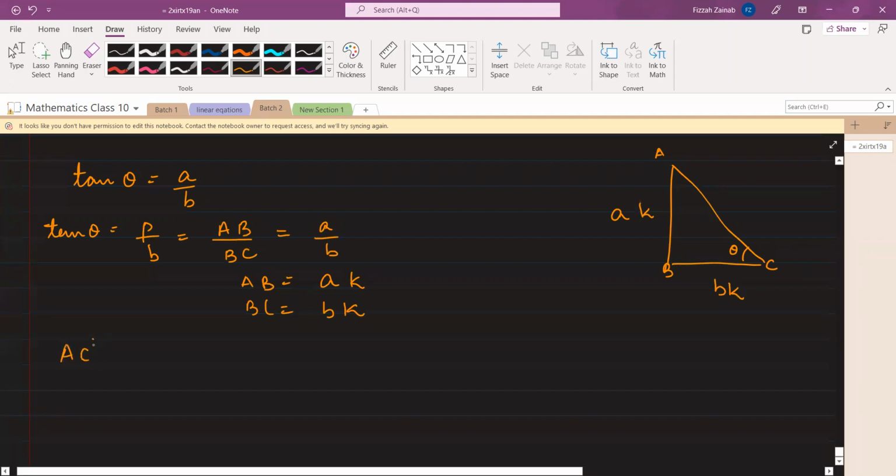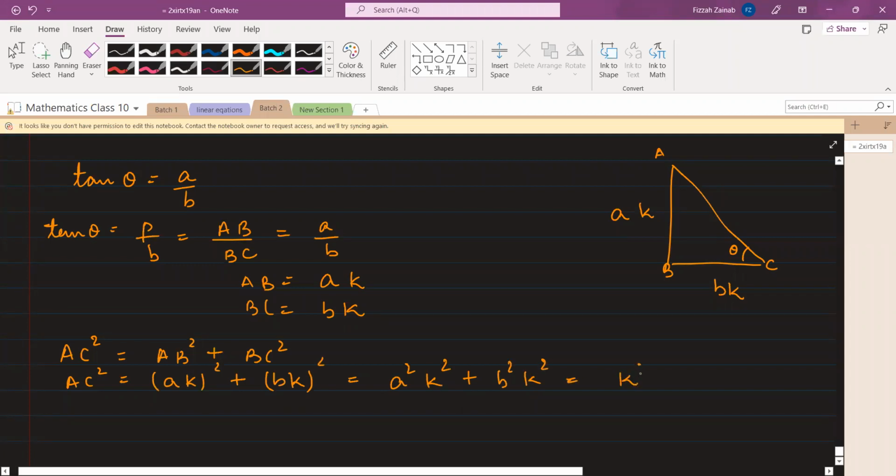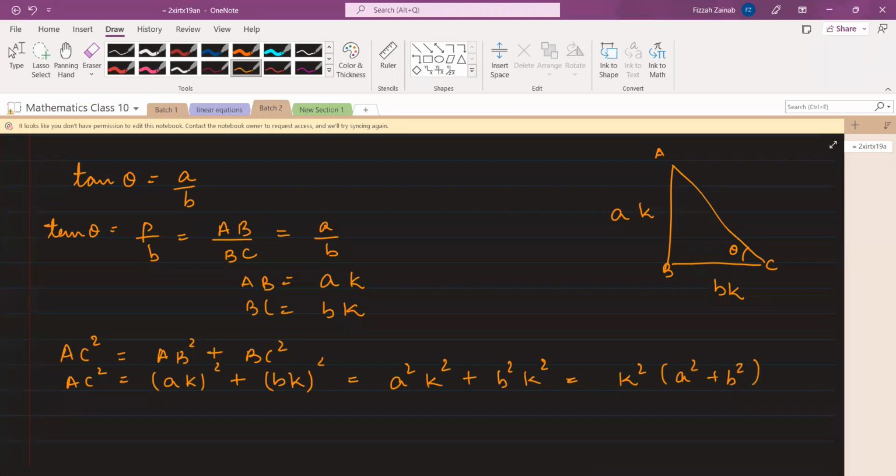So from Pythagoras theorem, AC square will be AB square plus BC square. So AC square is AK whole square plus BK whole square. So this is A square K square plus B square K square. So K square you can take common and this is A square plus B square. Is that okay?